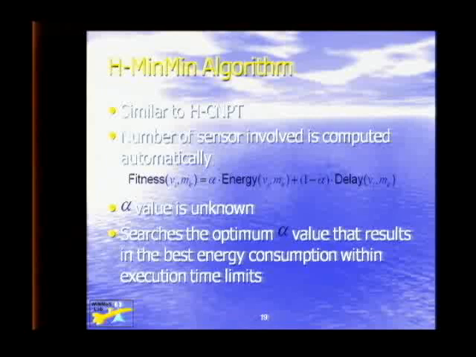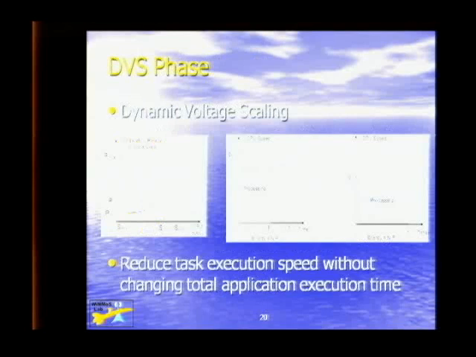Dynamic voltage scaling, if the processors support it, works like this: you reduce the supplied voltage to the processor, which slows down the processor linearly, but the energy savings go with the square of the supplied voltage.